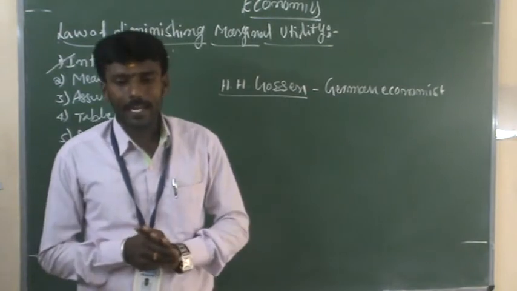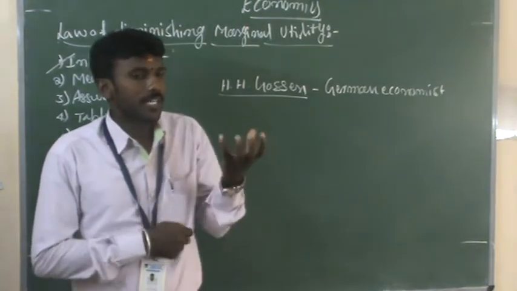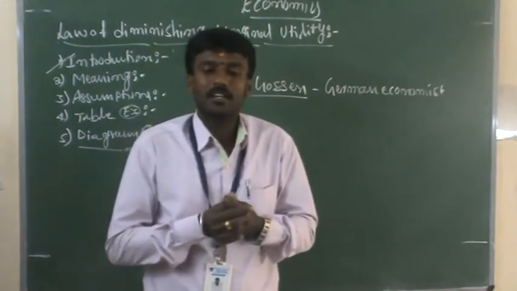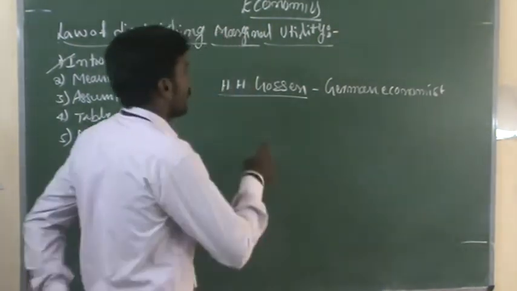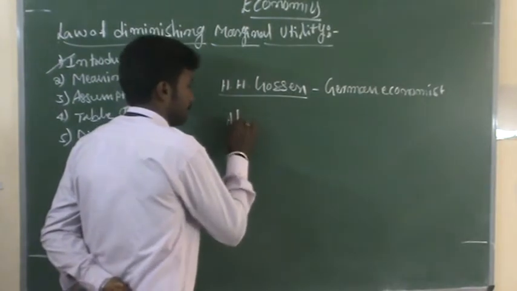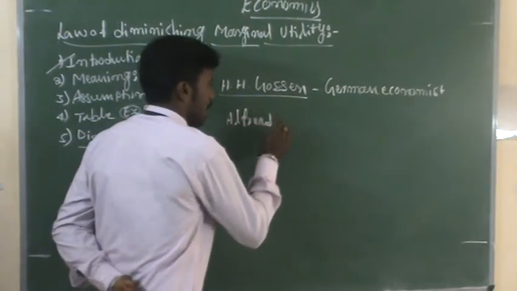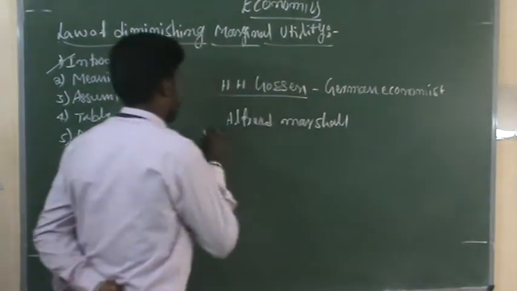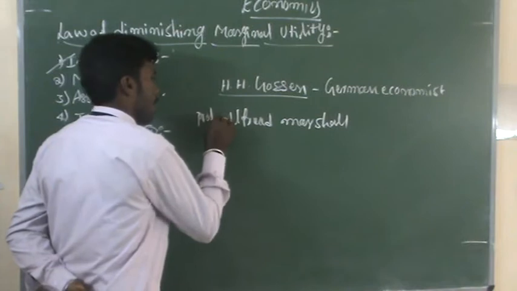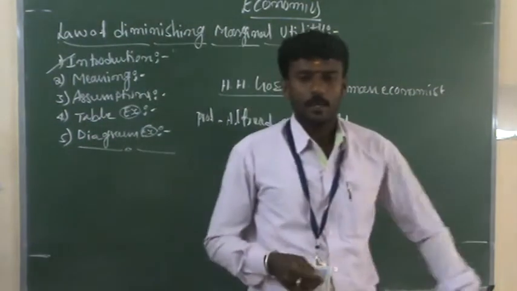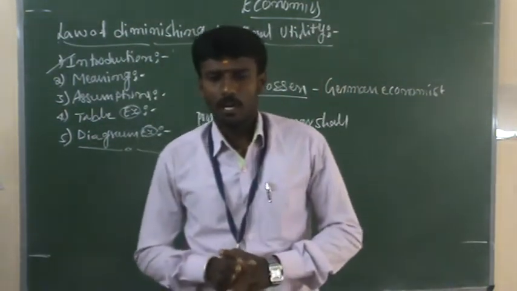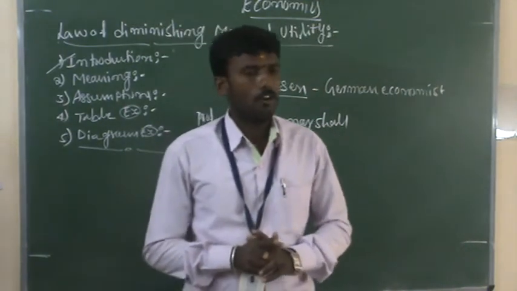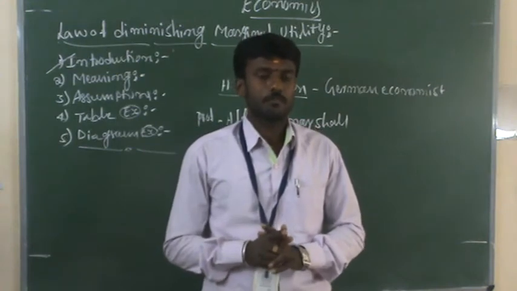But later, this law was popularized by one of the great economists, that is, Professor Alfred Marshall. See, but later, Professor Alfred Marshall popularized this law of diminishing marginal utility.